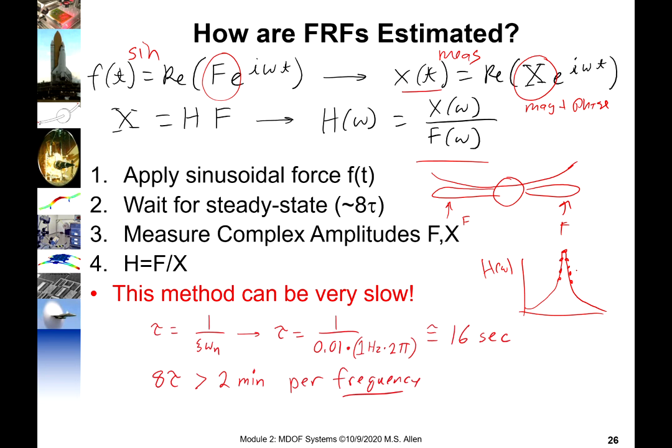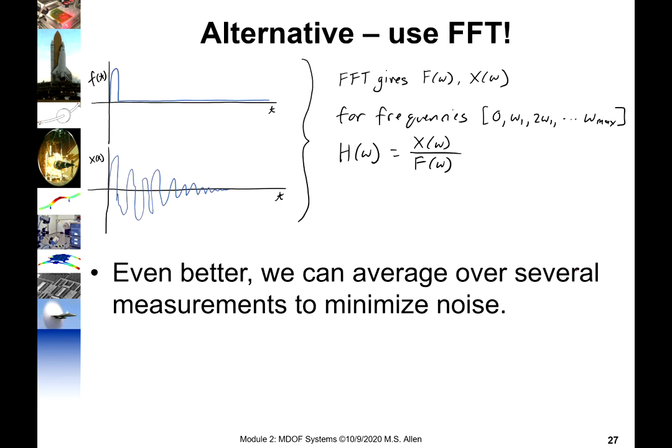So what can we do to improve on this, or at least improve on it for some cases? We can use the FFT. So suppose instead of applying a sinusoidal force, we apply some other force. Here I've drawn an impulse. And suppose we measure that force, and we measure the response that we get due to that force.